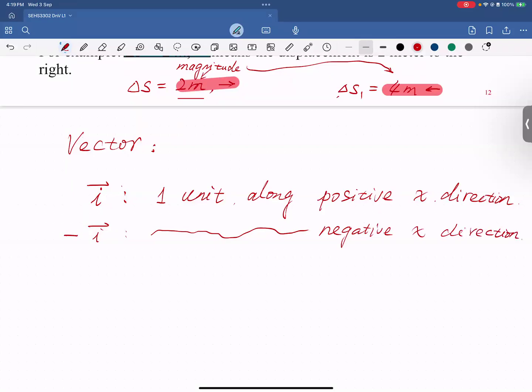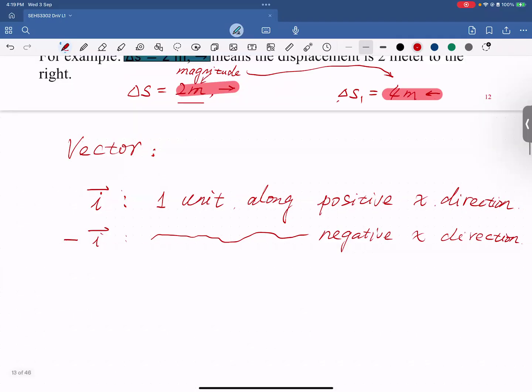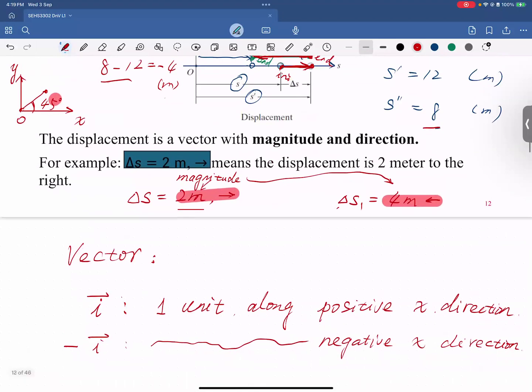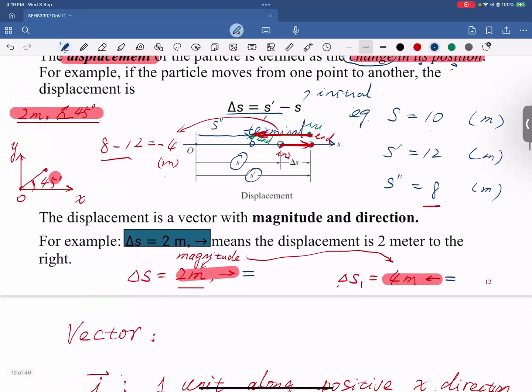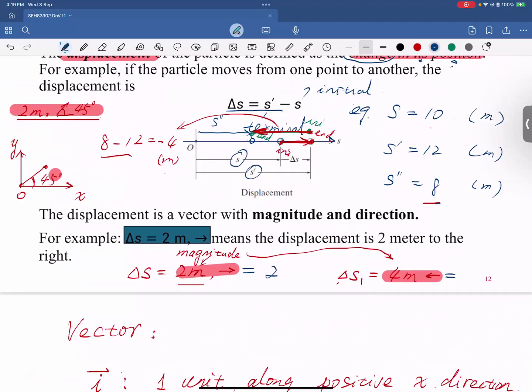Once we have I and negative I, this delta S and delta S1 has its new description, right? We can use the 2, right? And it is a positive direction.